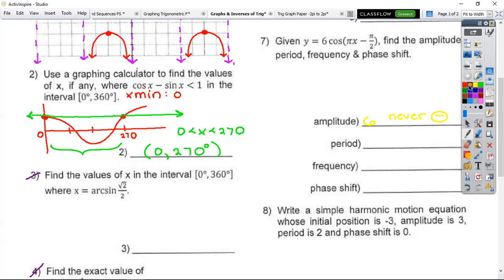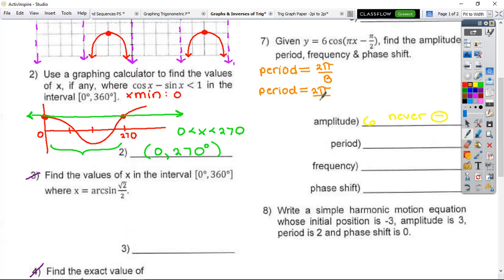Next, I need to find the period. So what is the formula for a period? Good. Period equals 2 pi over b. And if you were in degrees instead of 2 pi, you would use 360. But we are in radians, so we're good. So period is equal to 2 pi divided by what's b?